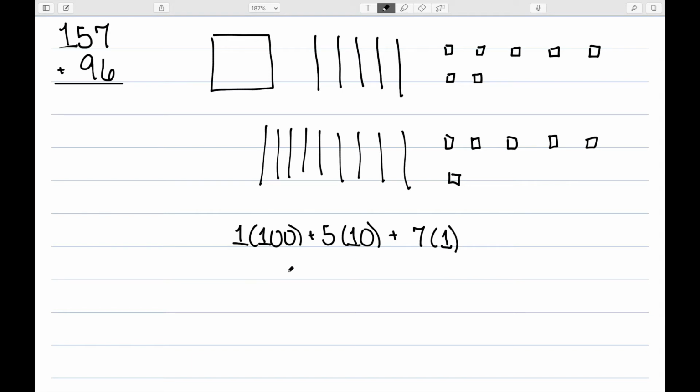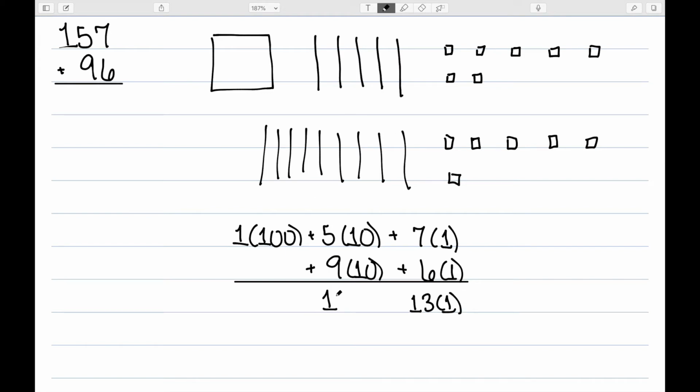And to that, we want to add 9 10 blocks and 6 1 blocks. And we can look at here and count. We can see that all together, we now have 13 1 blocks. Total, we have 14 10 blocks. And we have 1 100 block.